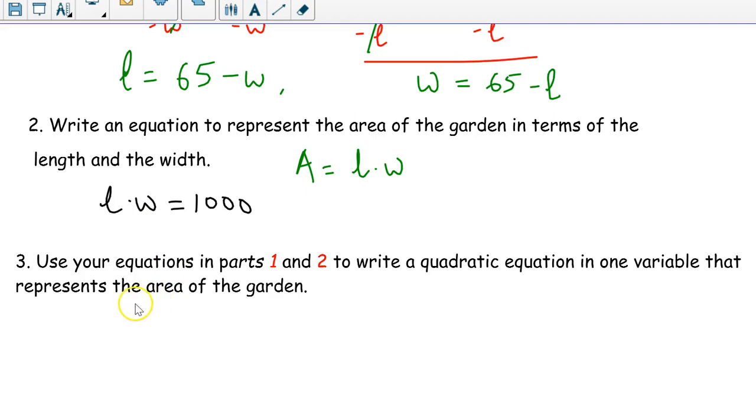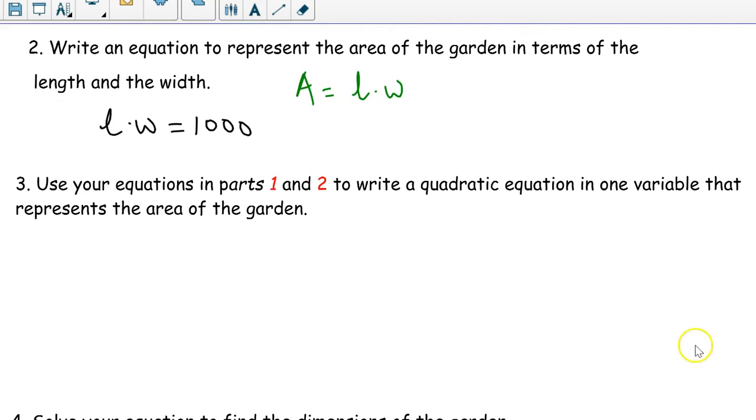That's the reason you are asked to make use of your first answer and the second answer and write a quadratic equation in one variable. That is, we have to replace either the length or the width by the formulas that you have just now. You got them: length is equal to 65 minus W, or the width is equal to 65 minus L.